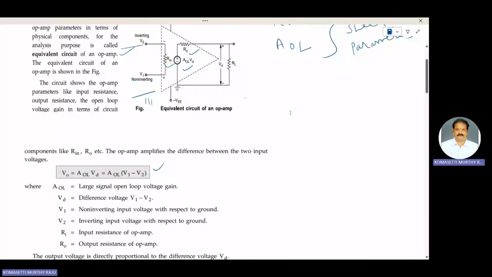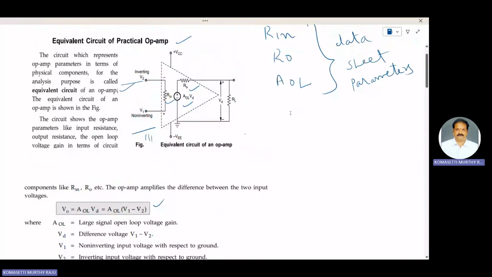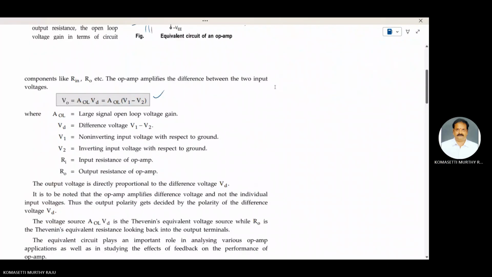R0 is the output resistance of the op-amp. The op-amp parameters like input resistance, output resistance and open loop gain are represented in terms of circuit components Rin, R0, and AOL. The output voltage is directly proportional to the difference voltage V1 minus V2.